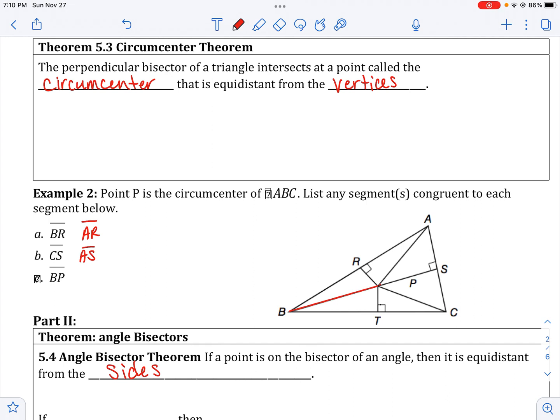So if BP or PB is the distance from the circumcenter to one vertex, that would be the same length to the other vertex A or to the third vertex C. So you could say that that is congruent to AP, or you could say it's congruent to CP.